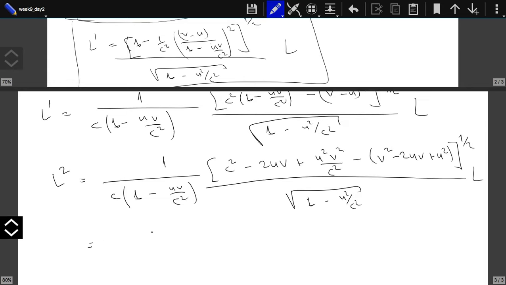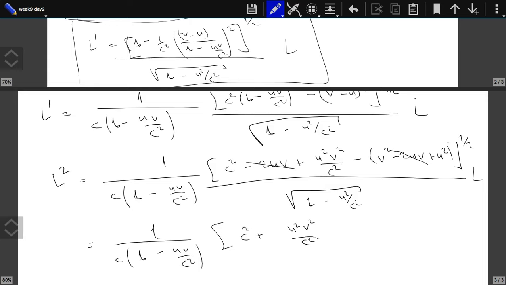Here I have minus 2uv, here I have plus 2uv, I can just cancel them. So c squared plus u squared v squared over c squared minus v squared minus u squared, to the power 1/2, divided by 1 minus u squared over c squared.